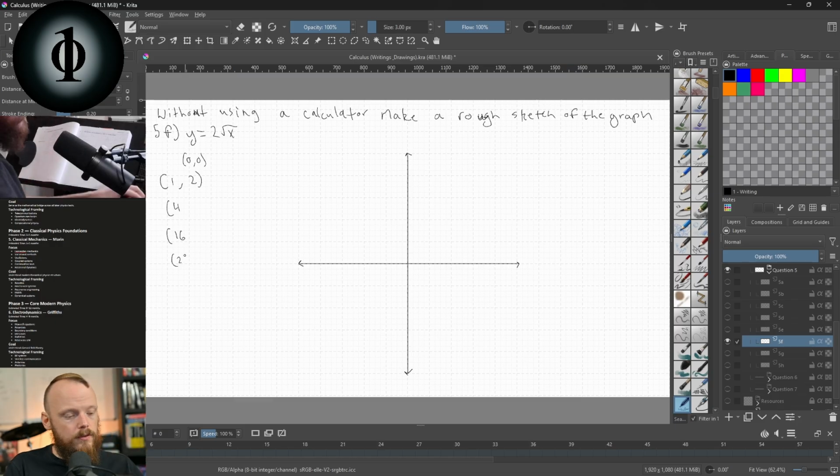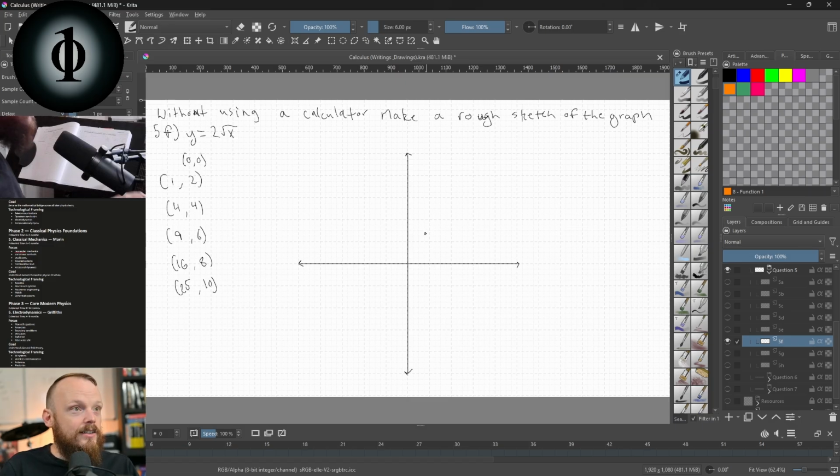I left 9 out earlier. The square root of this times 2, so 4, 6, 8, 10. All right, that's what we're looking like here.